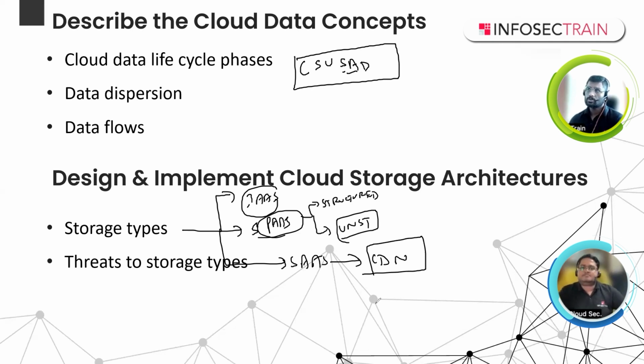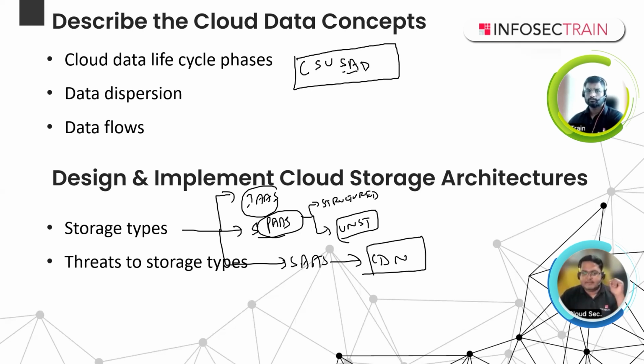Do you wish to share any pointers here, Krish? Basically, in SaaS, the biggest concern is that the control we have is the least. As we all know, data privacy and security are always the liability of the cloud service consumer.